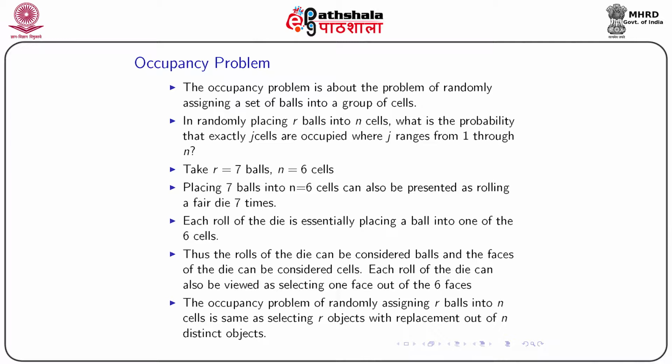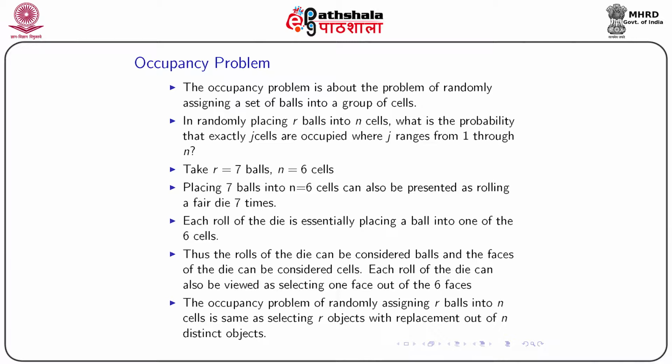So the cells are assumed to be the face values of a die. Each roll of the die is essentially placing a ball into one of these 6 cells. Thus the rolls of the die can be considered balls and the faces of the die can be considered cells.